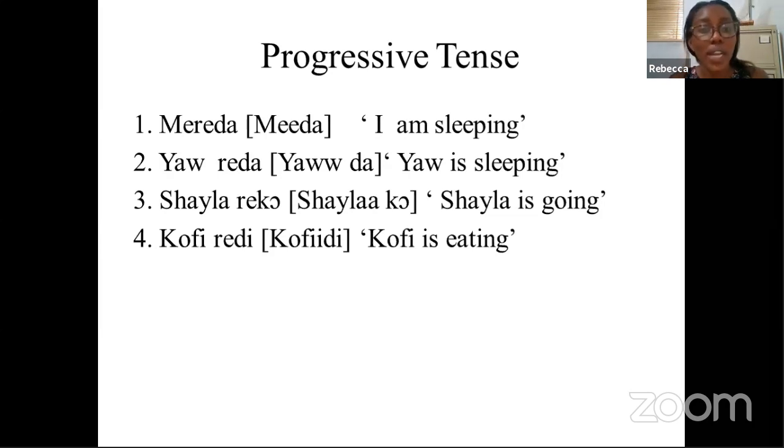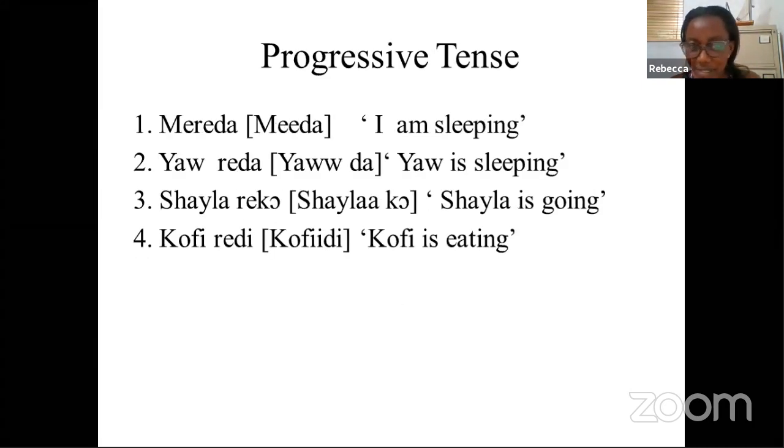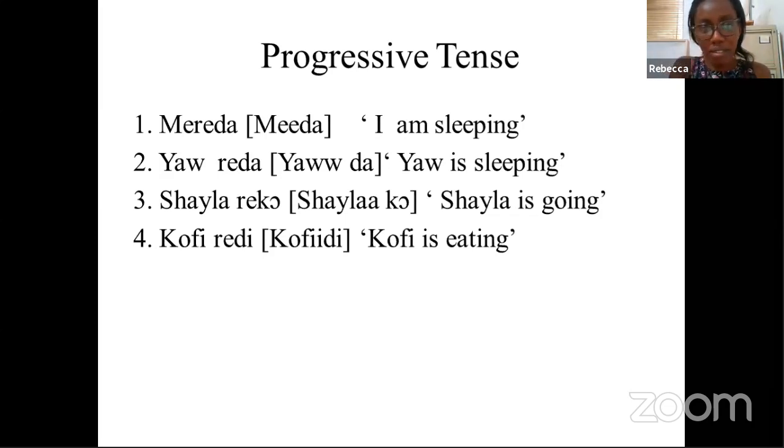Now the next one is, as I said, prolonging the last syllable or vowel sound. Prolonging it is very easy, and lots of people prefer that one. So instead of using re, I will just avoid that and prolong the last sound. If there's no re, I'm just going to have me da, me da.